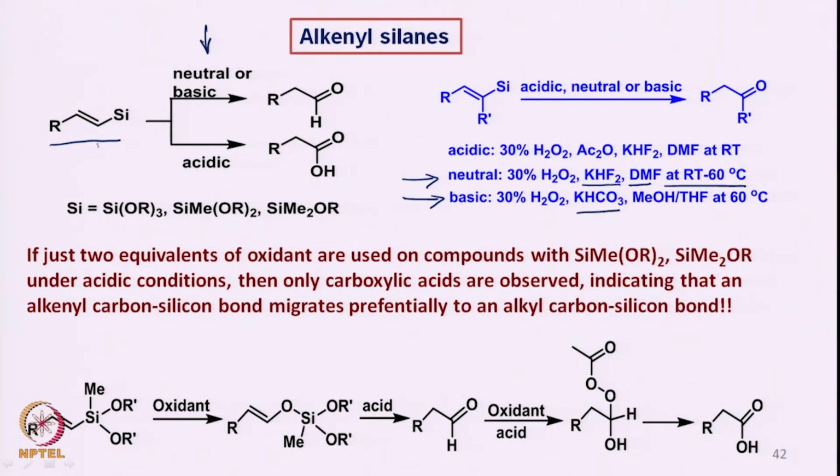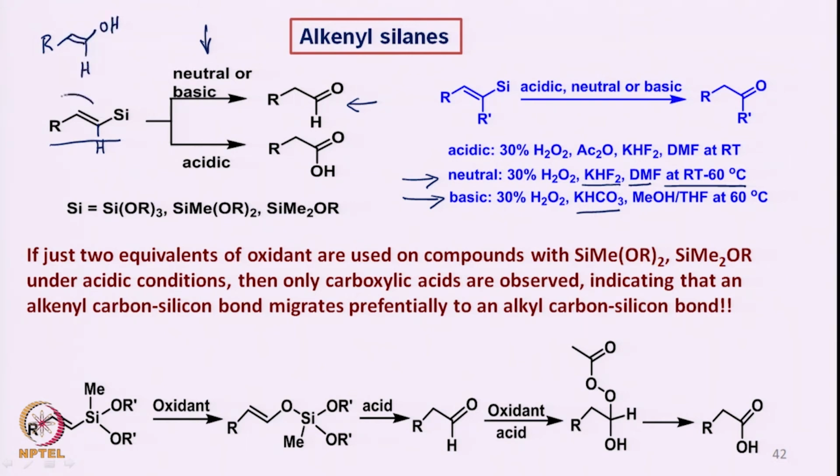Under these conditions, a substrate of this type, which has one hydrogen present here, leads to the corresponding aldehyde. That means under these conditions what is formed is something of this type.